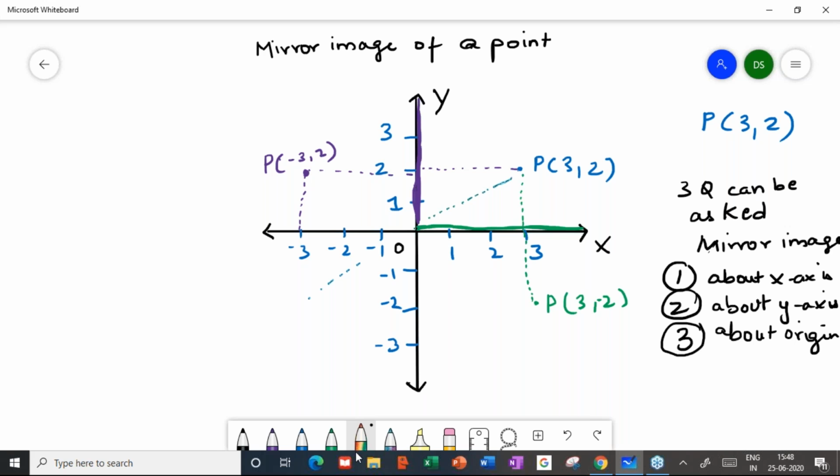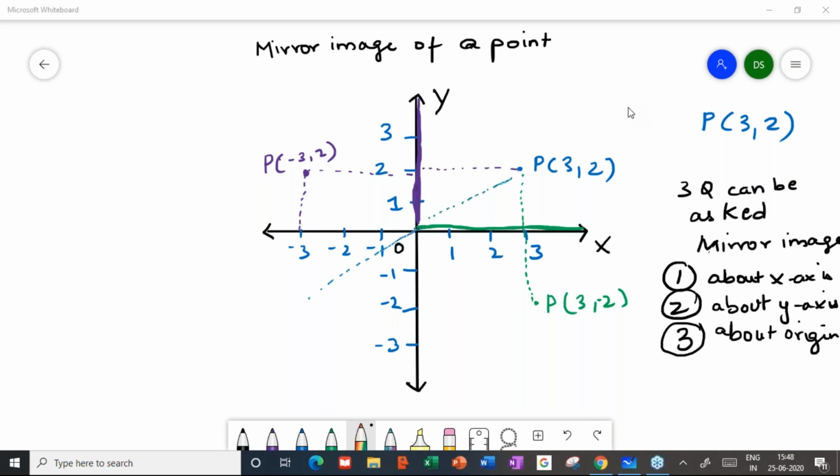So about this point, you're going to find a mirror image. It will be completely in the opposite quadrant. So if the point is in the second quadrant, the mirror image about origin will be in the fourth quadrant. If it's in the first, it will be in the third quadrant. Yes, diagonally. Awesome.